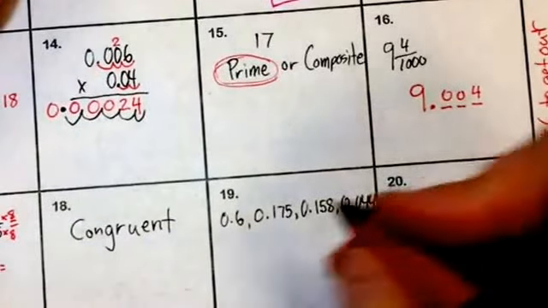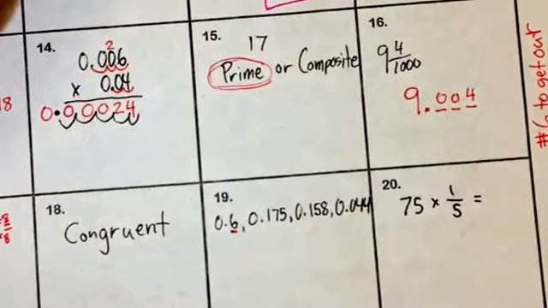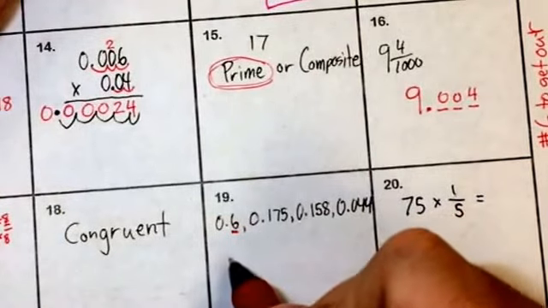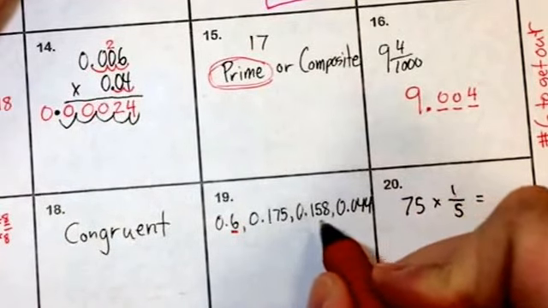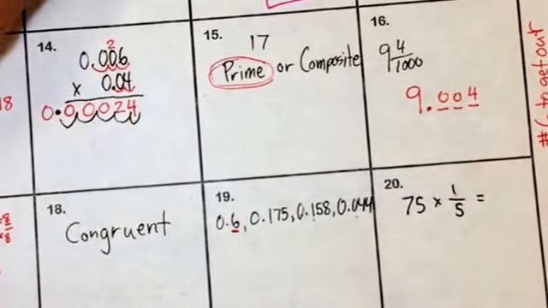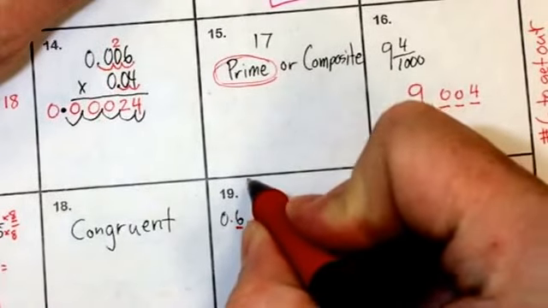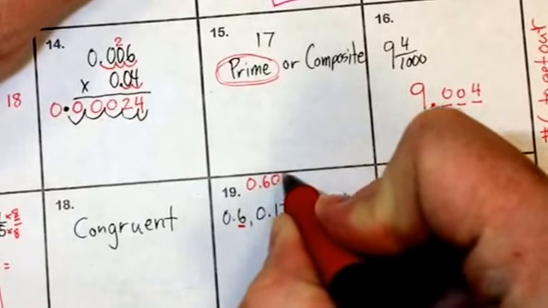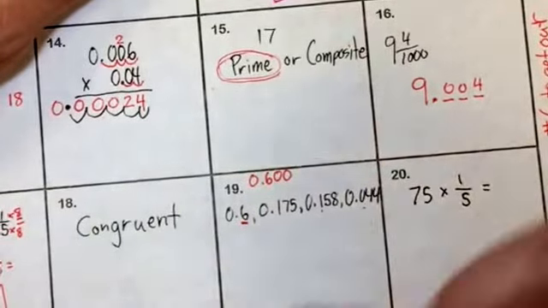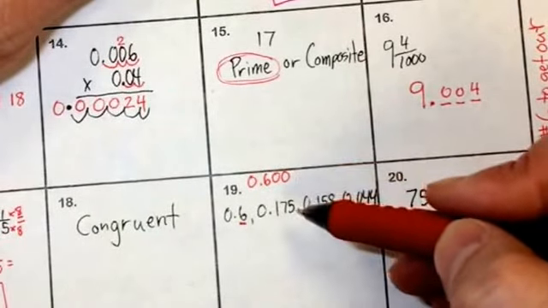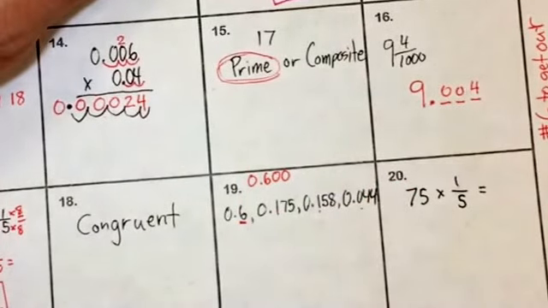I can see that 6/10 is my largest because I have a 6 in the tenths place, and the others have a 1 and a 0. Please remember that 6/10 is also equivalent to 600 thousandths, and 600 is larger than 175, 158, and 44.